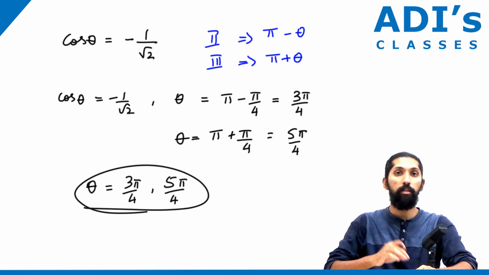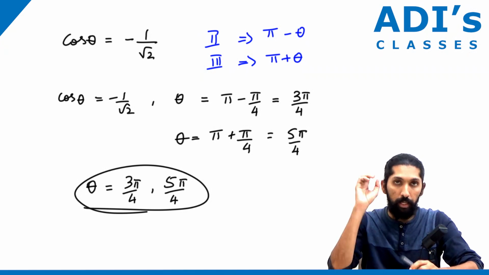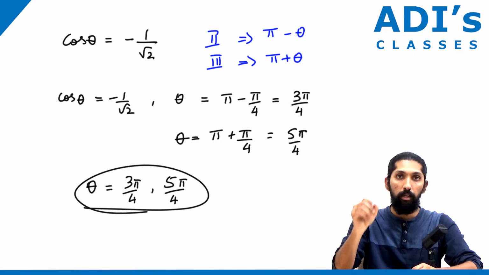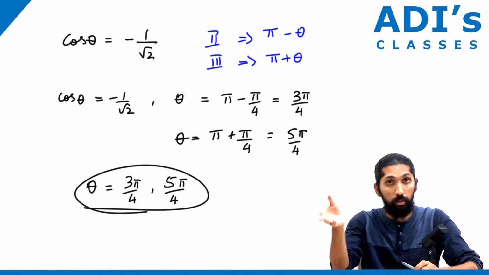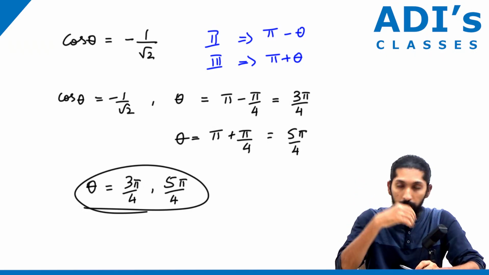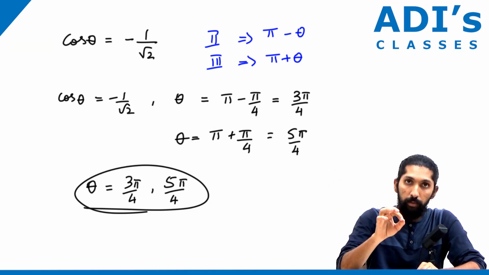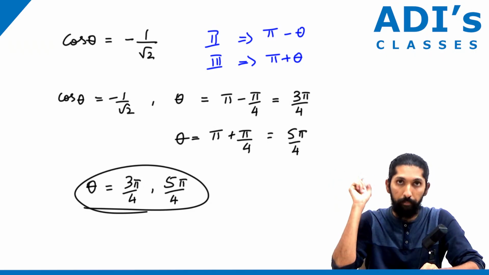Now for all trigonometric functions, we are going to have these principal values. Okay, like suppose if this is the value, what are the principal values? Generally, whatever trigonometric function you take, the principal values we take from 0 to 2 pi.